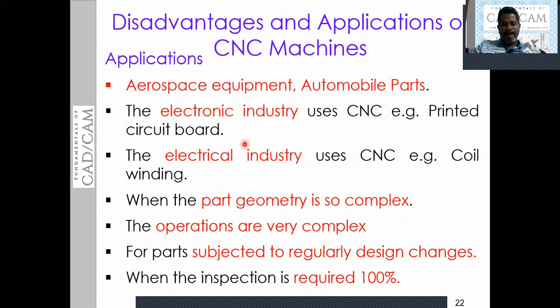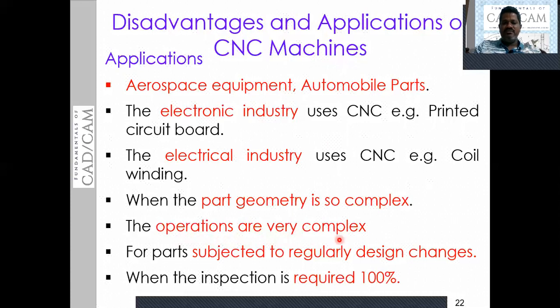They are also used where the part geometry is very complex, as I said just now, to machine complicated shapes like turbine blades and impeller blades. Where you want to machine very complex shapes, CNC machines are ideal.